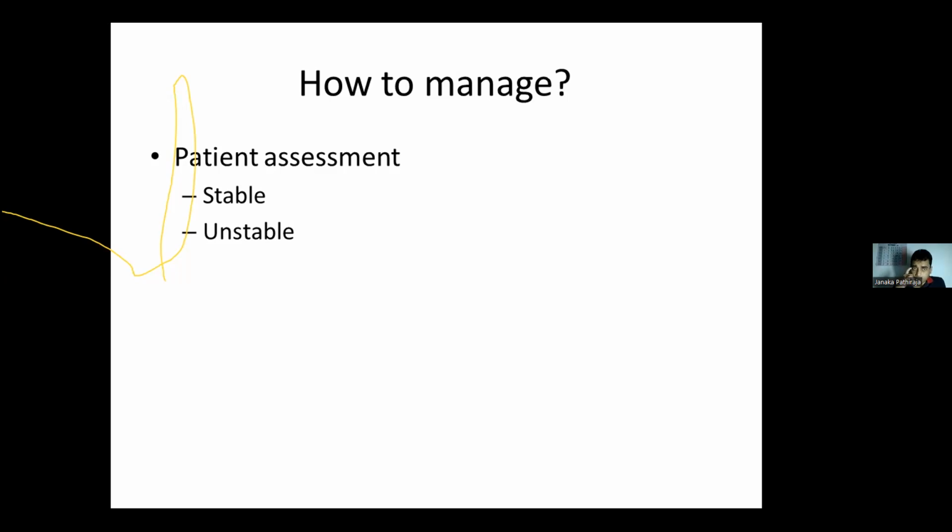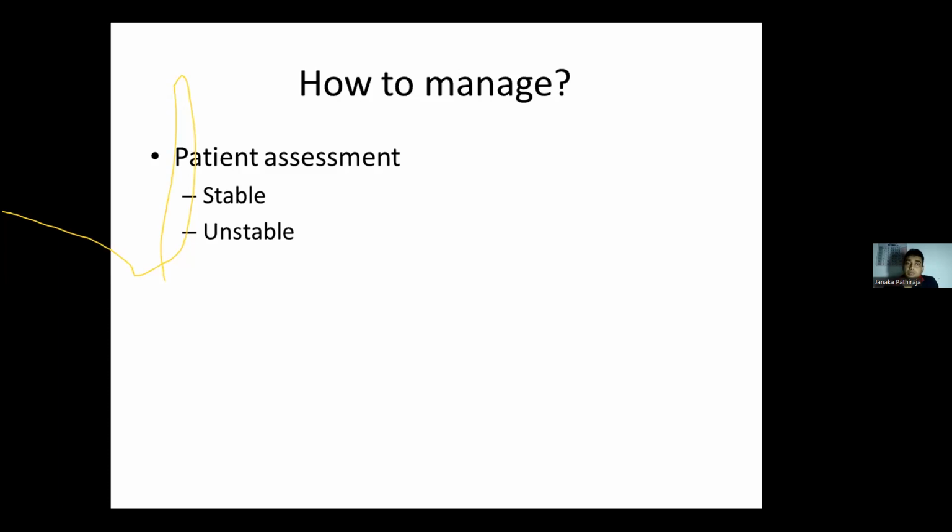Then how to manage? Management depends on your clinical assessment. You have to decide whether this patient is hemodynamically stable or not. That is the most important decision you have to make at any point.